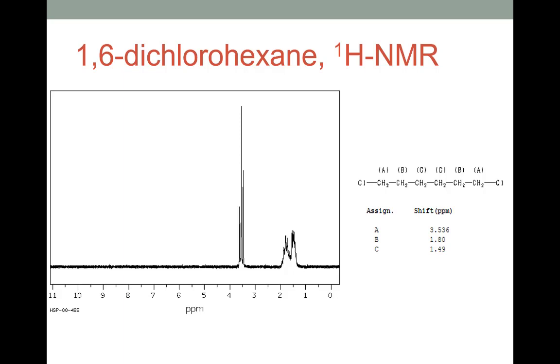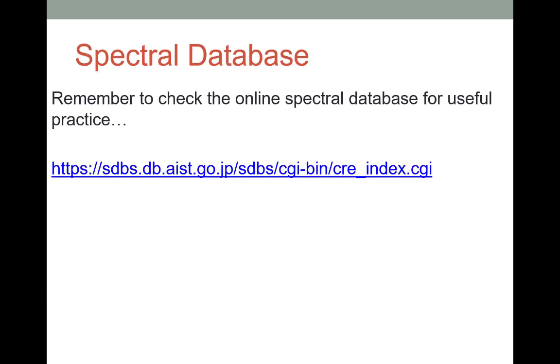So like all the other discussions we've had about spectroscopy and molecular analysis, this takes practice. So I encourage you to do the practice problems in your textbook, to go through and practice and look at the study guide and really look at all the examples available to you. If you'd like to look up real examples, you can go to the online database.